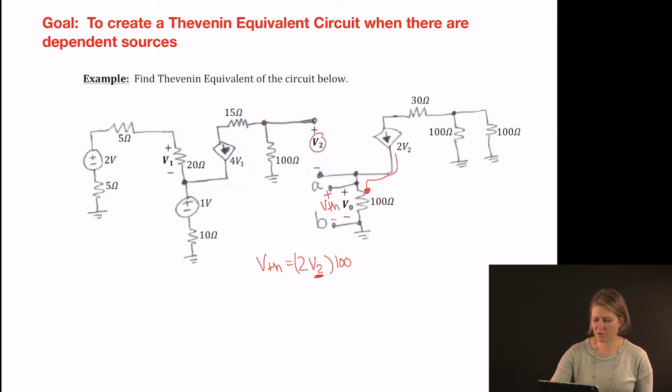So we locate V2 here. We notice it's going to be this voltage at this wire minus the voltage at this wire. So be careful to not forget to take the voltage difference between those two locations. If I call this V2A, I notice that this current source is creating current going in this direction.